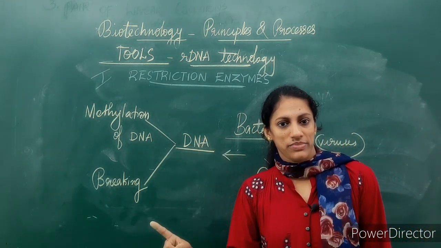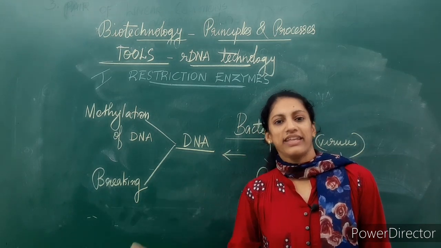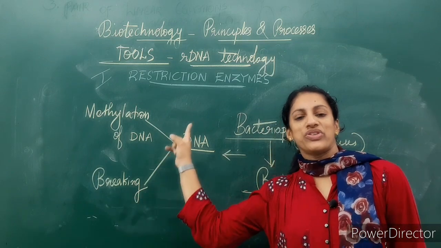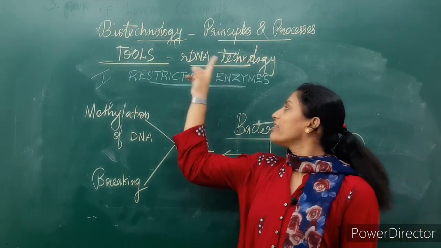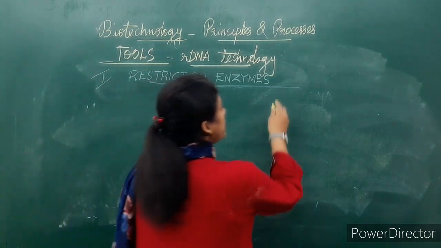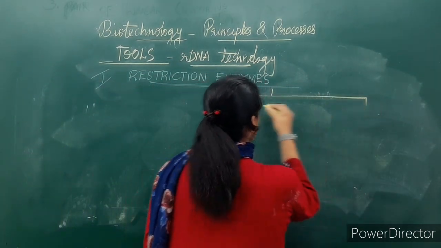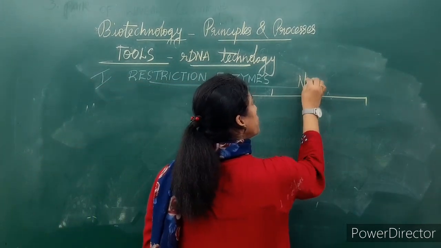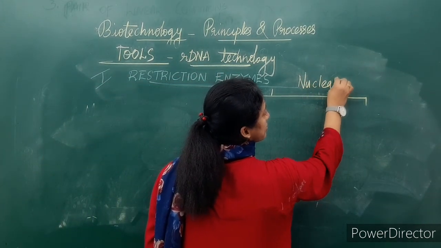There are enzymes which can cut the DNA. Those enzymes are called restriction enzymes. These restriction enzymes are of two categories. Anyway, restriction enzymes come under the group nucleases.